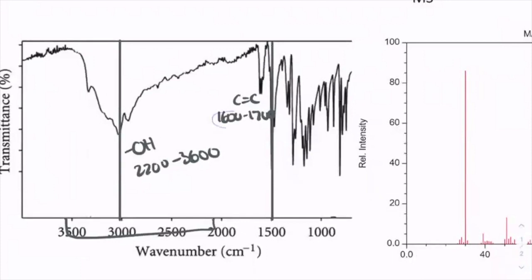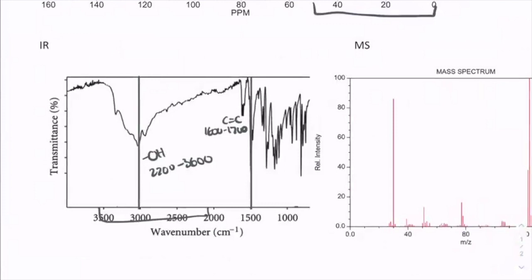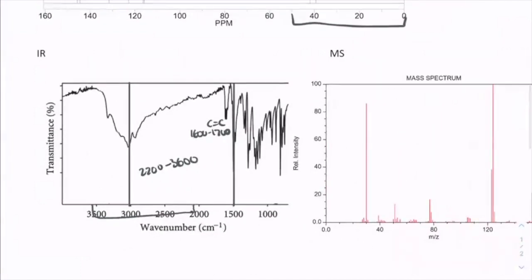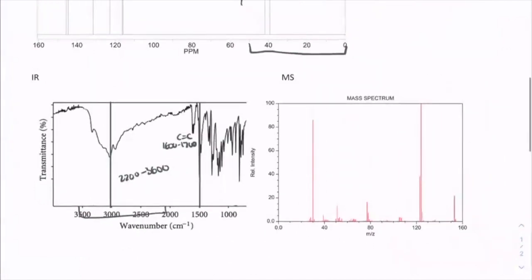Wait, isn't it 2200 or 3600? You're right. Carboxylic acid, right? But I don't know if there's a carboxylic acid in the molecule. Wait, you're right. Because if there's an aromatic, that's a ring plus 3 pi bonds, that's already 4 HDI.